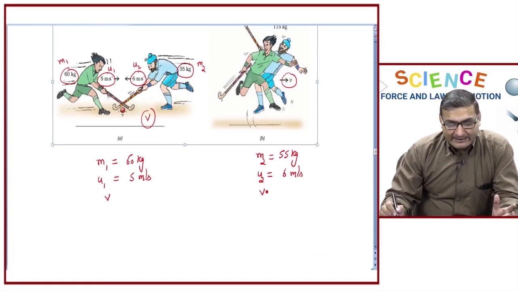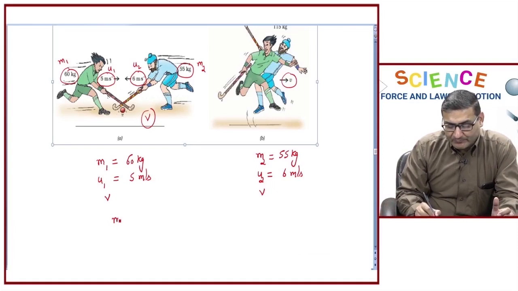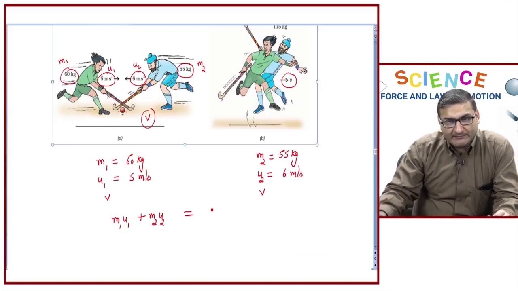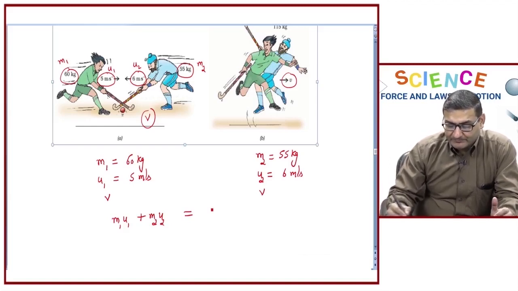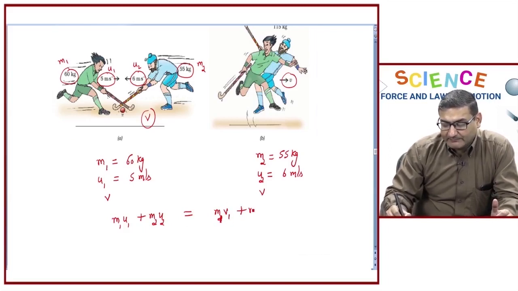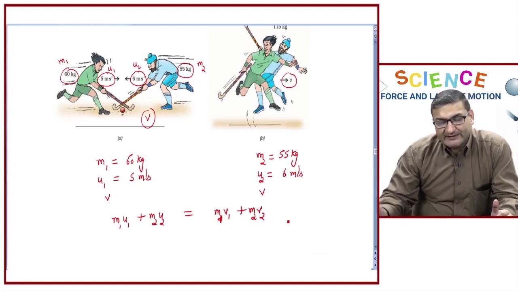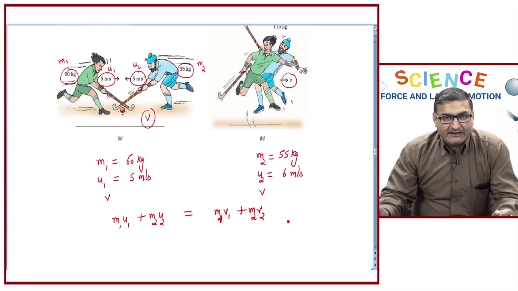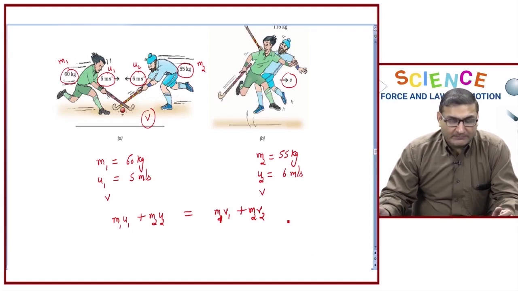Again, applying the law of conservation of momentum, we will get m1u1 plus m2u2, that is the total initial momentum before collision, will be equal to m1v1 plus m2v2, that is the final momentum of both the players.